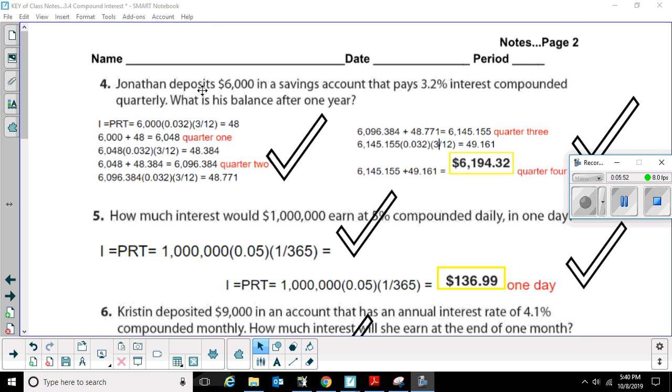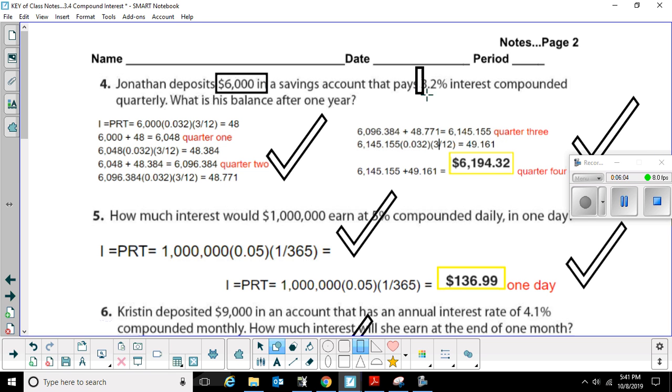In my next example, I have a guy named Jonathan. Jonathan is depositing $6,000 in a savings account, which is paying a 3.2% interest rate, compounded quarterly. Because it's compounded quarterly, I'm going to say 3 divided by 12, which is 1/4. That's 0.25.